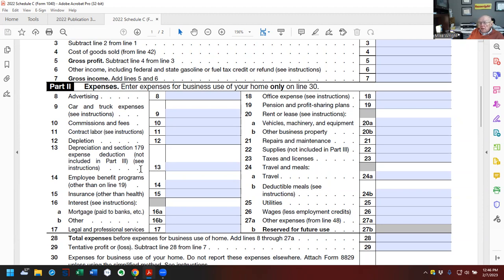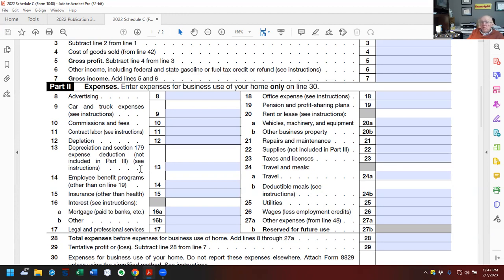Office expenses, the stuff that you have in your office. It's the kind of thing that we talked about before: frames for your certificates, getting the office cleaned.